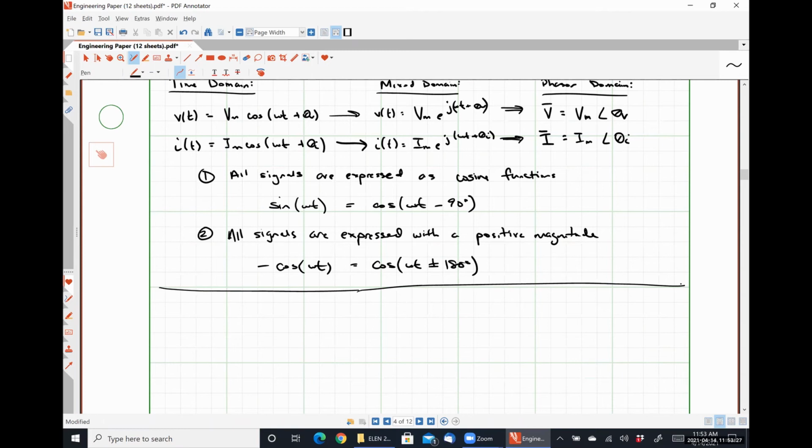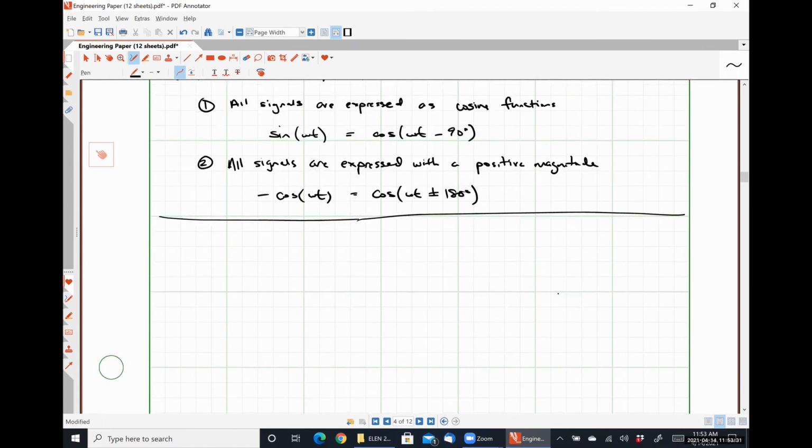So let's say we have a resistor. It has some resistance R. We have a time domain current i(t) flowing into it, and a time domain voltage v(t) across it.